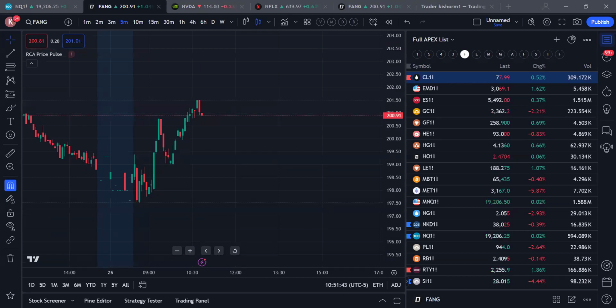Okay, FANG 200 puts on the second. You can sell 200 calls if you have a big account. I sold FANG 200 calls, collected $15. FANG 200 call for tomorrow.